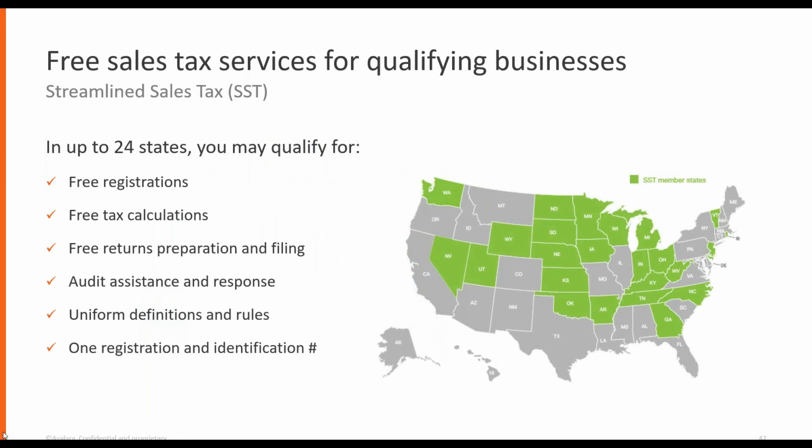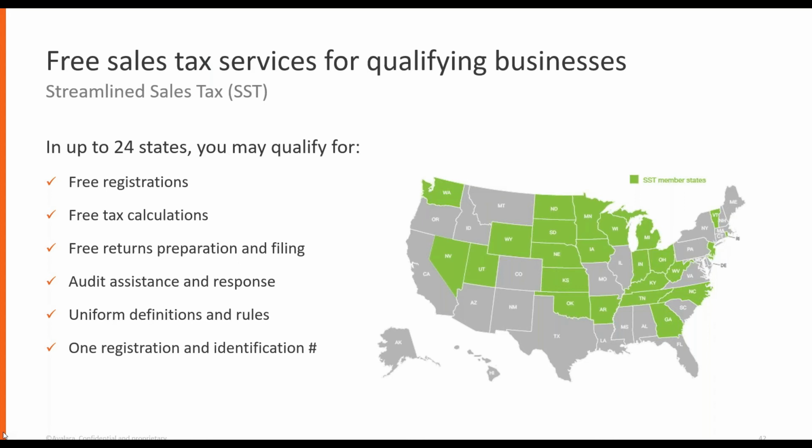Now, on top of all of that, Avalara is one of 5 certified service providers through the Streamlined Sales Tax program. This is a group of 24 states that have come together to say we wanted to make this easier for businesses to do business with us.